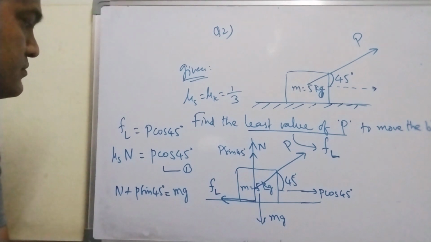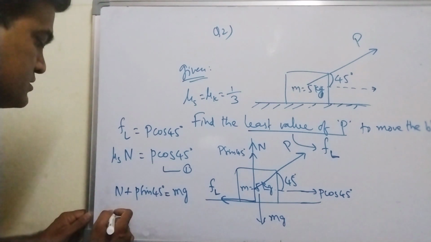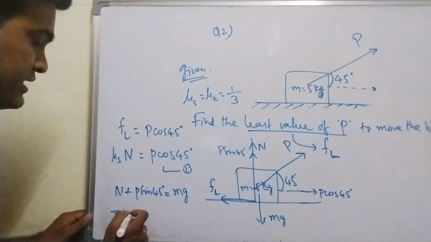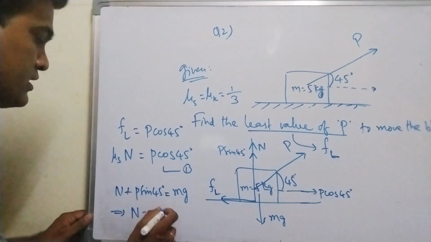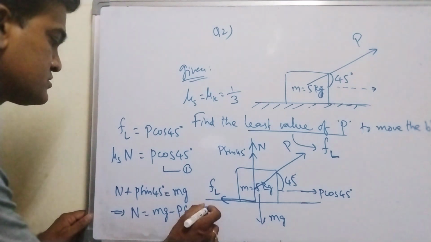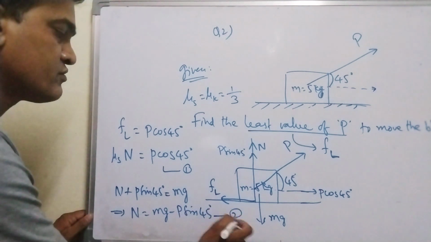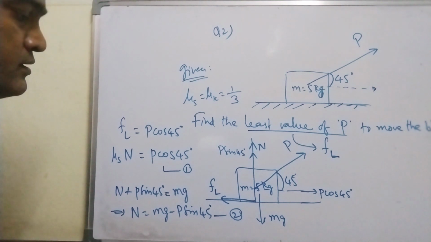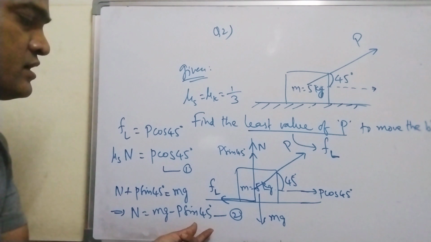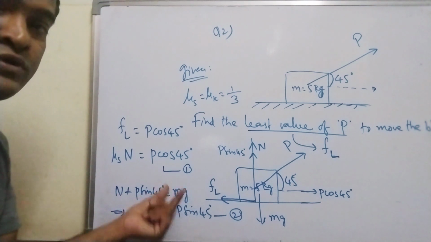Now from this, what is the value of N? N is equal to mg minus P sin 45 degrees. I'll take this as equation 2. I will plug equation 2 into equation 1.